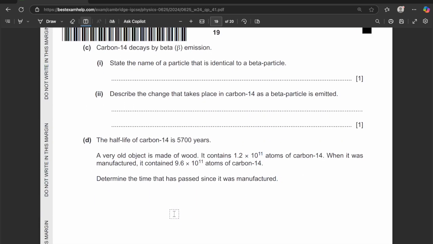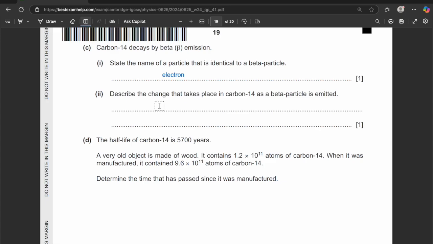C, carbon-14 decays by beta emission. 1, state the name of a particle that is identical to a beta particle. So that is a negative charged particle, so you can say electron. Describe the change that takes place in carbon-14 as a beta particle is emitted. So as a beta particle is emitted from the nucleus, a neutron changes to a proton and an electron.